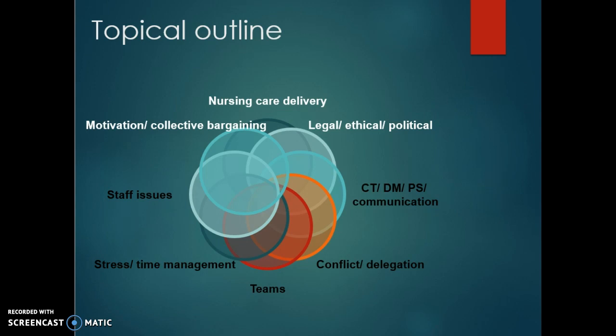Things like how nursing care is delivered, how units are set up, skill mix, how leadership is done within those kinds of nursing care delivery models, how nurses are motivated, or how nurses as a group can get together to do things like collective bargaining for things that they want to see in the workplace.